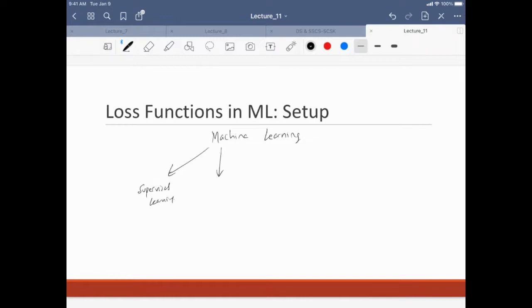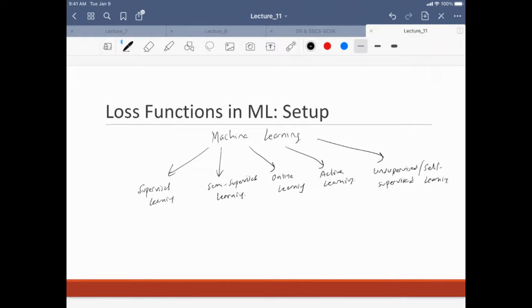Then in between, you have things like semi-supervised, online learning, active learning, and then you have unsupervised, or what is also known recently as self-supervised. Basically, these are just different flavors of learning in different settings.